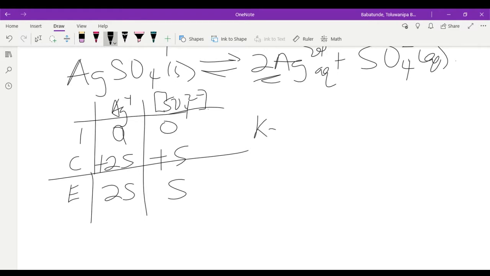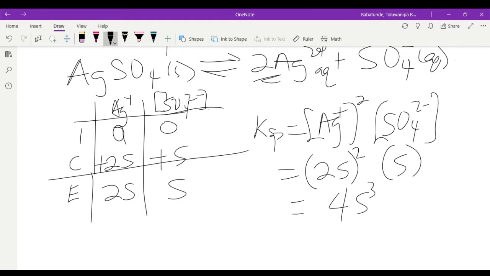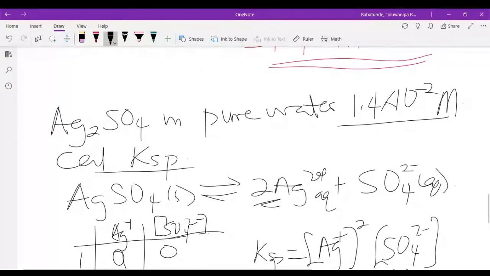So our Ksp can be written as the concentration of Ag plus raised to power 2 times the concentration of SO4 2 minus. Our silver is 2s, so we have 2s squared, and this is s here. So this also gives us 4s cubed, and that is our Ksp. The question is asking for Ksp, right?